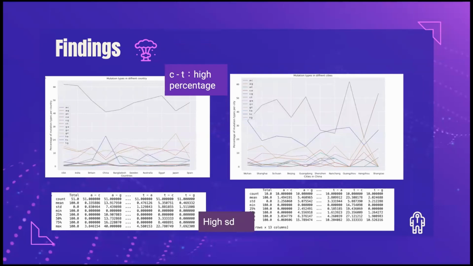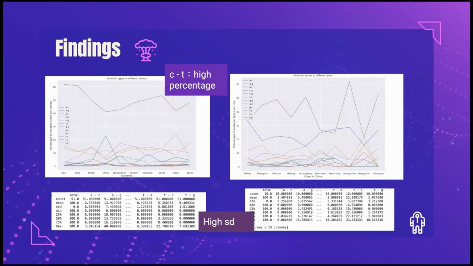After analyzing, we found that the percentage of mutation types in the total sample across locations are quite different. The standard deviations are great. Take the C to T transition as an example. The percentage varies from more than 60% to about 40% in mutation cases across different countries. However, the main trend or pattern in different locations is similar.